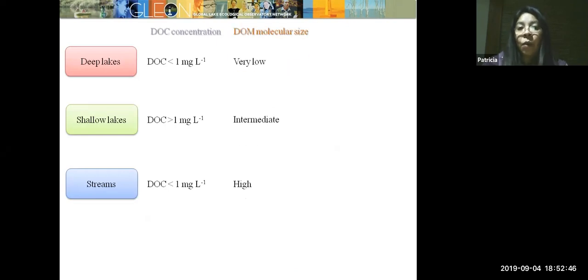The DOM molecular size was measured using the spectral slope, and we have a very low molecular size in deep lakes, intermediate in shallow lakes, and very high molecular size in the streams.